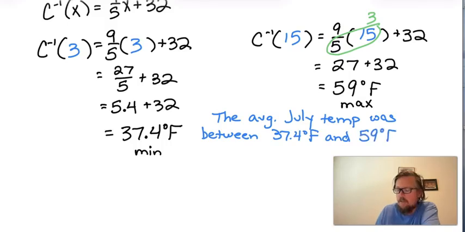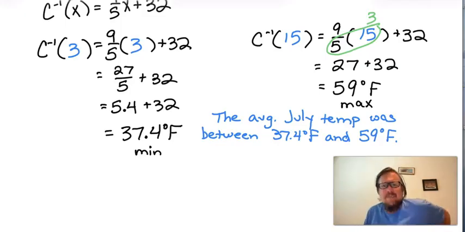Now, if you're a Texas resident like me and you're thinking, that seems pretty nice for July, like frigid actually, we did not say this was in the southern United States. Some places in the world that measure Celsius are cold in July. So between 37.4 and 59 degrees might make sense depending on which part of the world we're in. So minimum, maximum, 37.4 and 59.